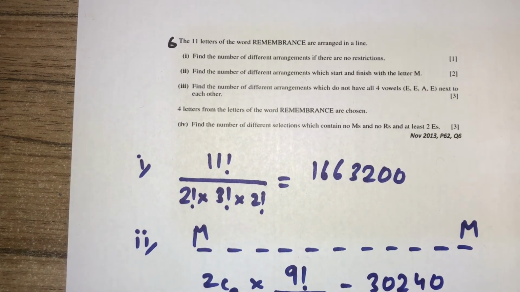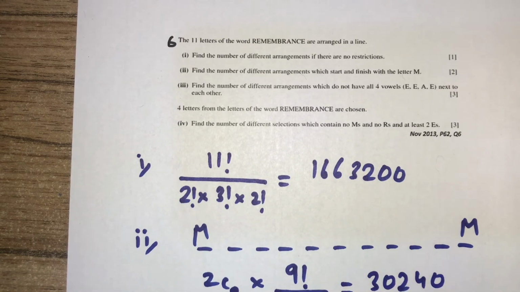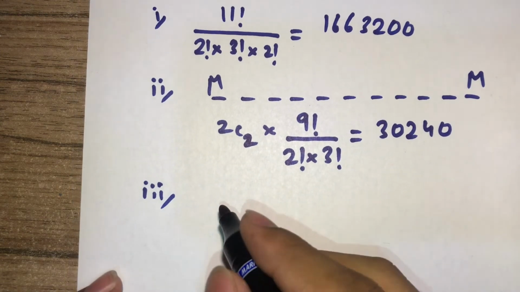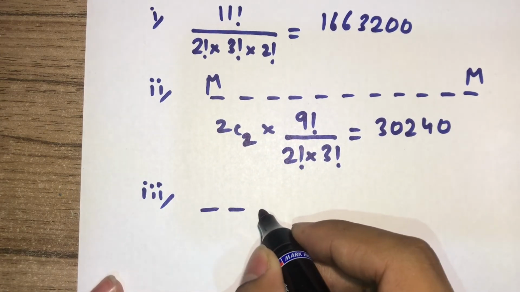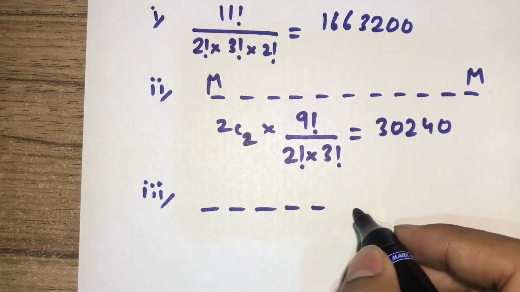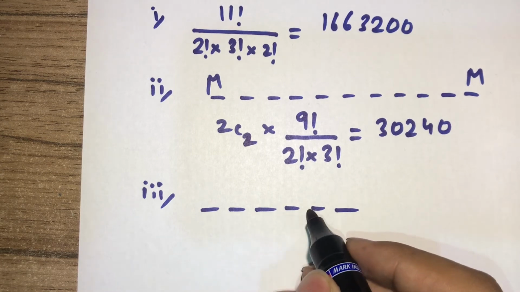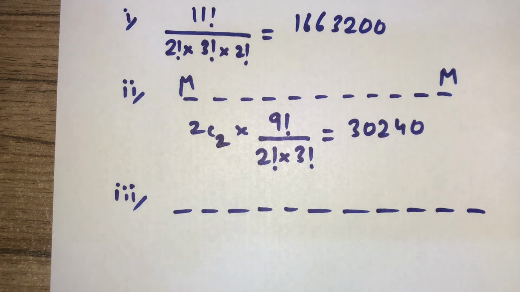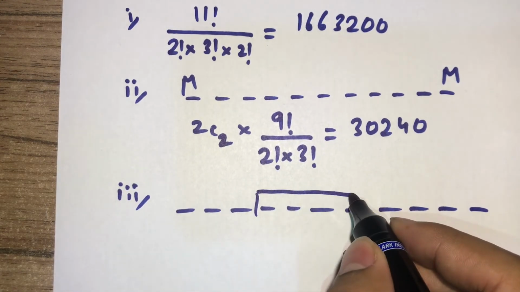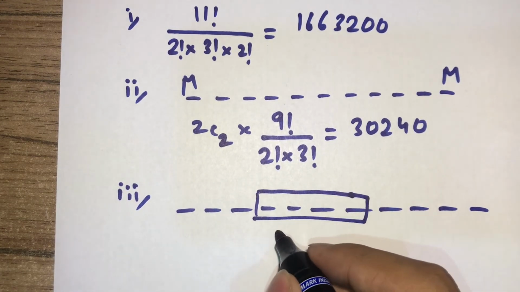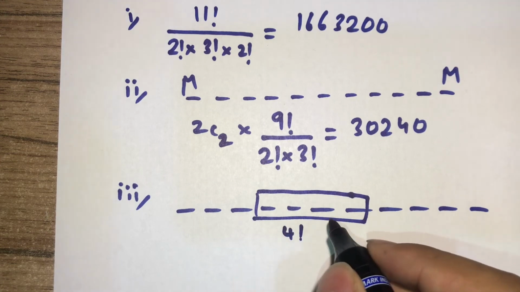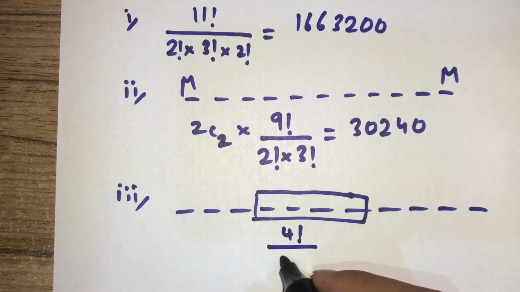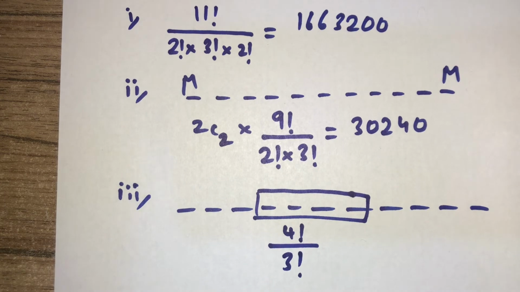Third part, find the number of different arrangements which do not have all 4 vowels next to each other. So we'll use the sofa method over here. We'll take the 4 vowels together, and then we'll subtract that from the total possibilities. So the arrangement of the 4 vowels will be 4 factorial upon 3 factorial for the 3 E's.